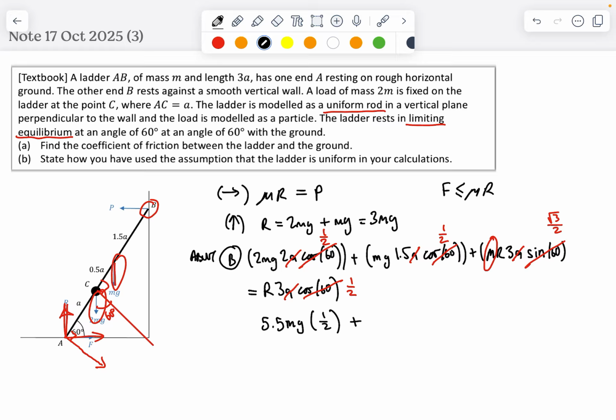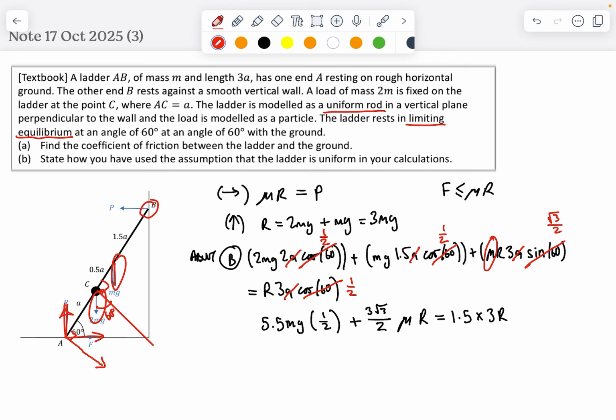And then onto that, I add 3 times sine 60, which is root 3 over 2, so I've got 3 root 3 over 2, and that's being multiplied by mu R. And that is equal to 3 times a half, which is 1.5, times 3R. Right, okay. Now we can simplify that further.